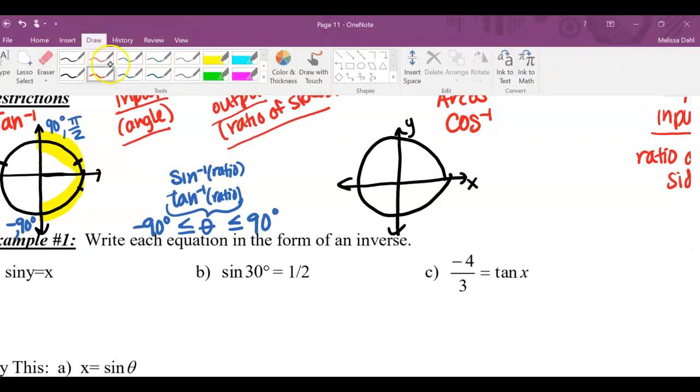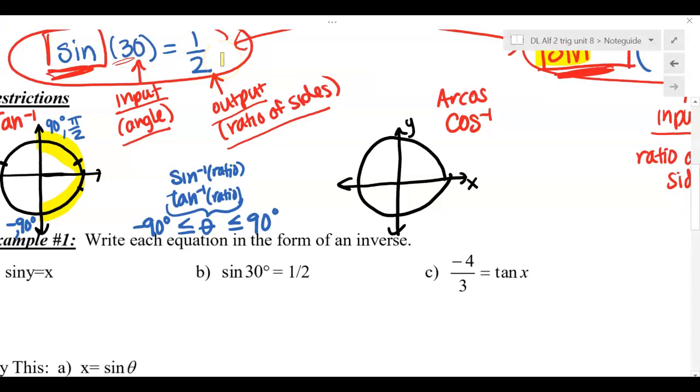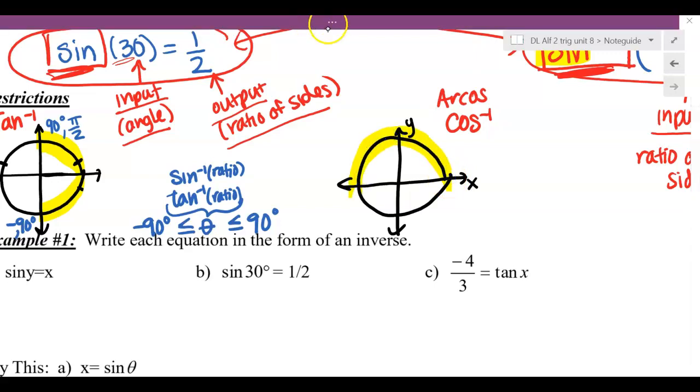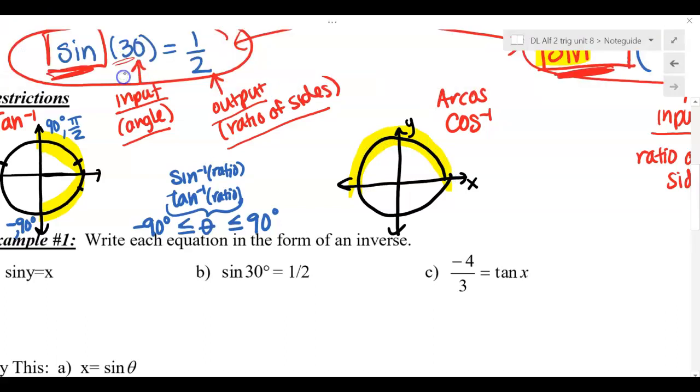We want to restrict it to a portion of our circle that would give us positive or negative x's, but not overlap. So in that case, they restrict it to this arc on the circle, and they specifically say to focus on angles from 0 to 180, or if you're using radians, that's from 0 to pi.